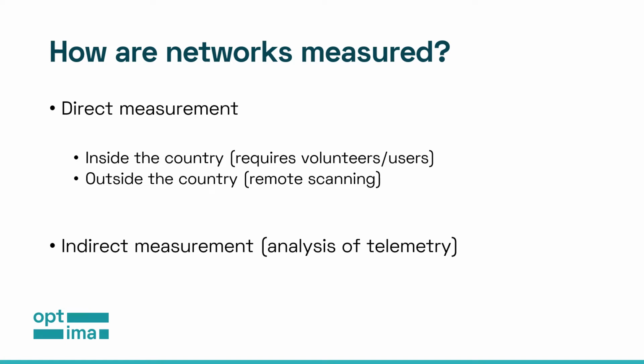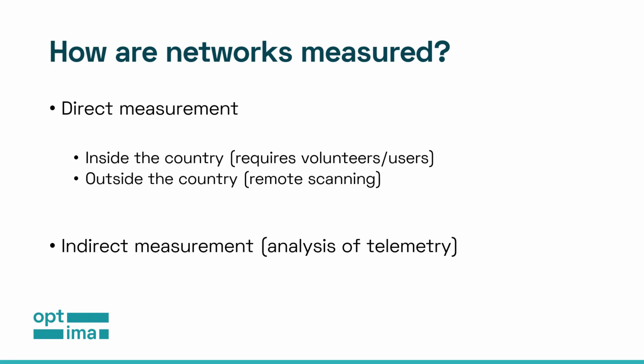that they're connected to. Another way to perform direct measurements, to actively run tests, is from outside of a country, where this can involve remote scanning. Here, the advantage is that because you don't rely on people on the ground to run tests, there's potentially less risk involved.